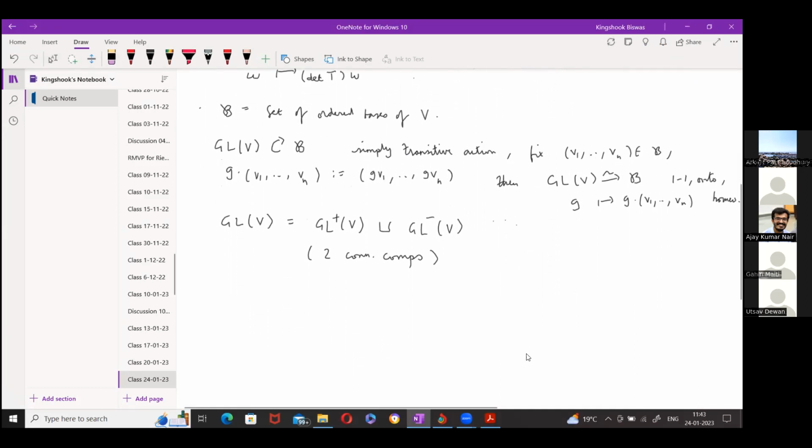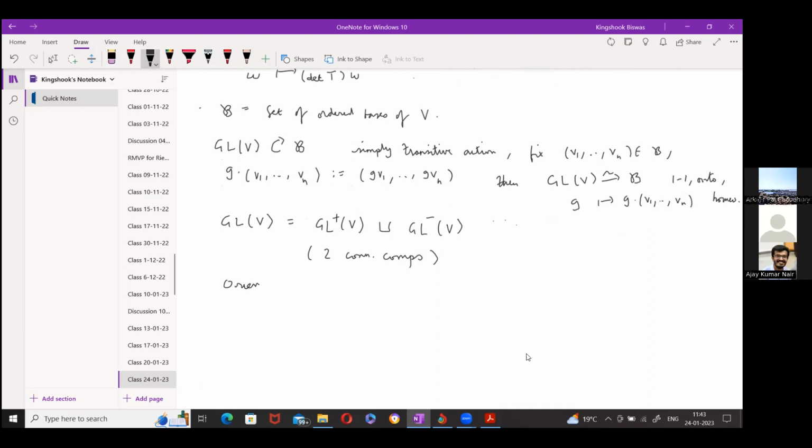And what we're doing is, an orientation on V is equal to a choice of connected component of the set of ordered bases.